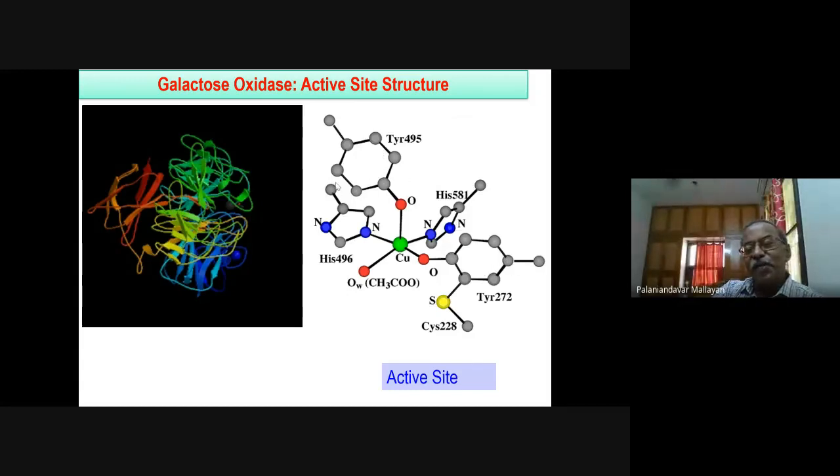This is a normal tyrosine side chain. Now what is this? This is what we call a modified amino acid. This alpha position here has been taken up by cysteine sulfur.